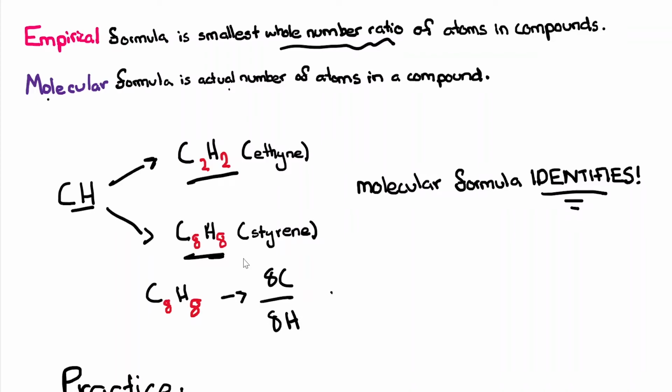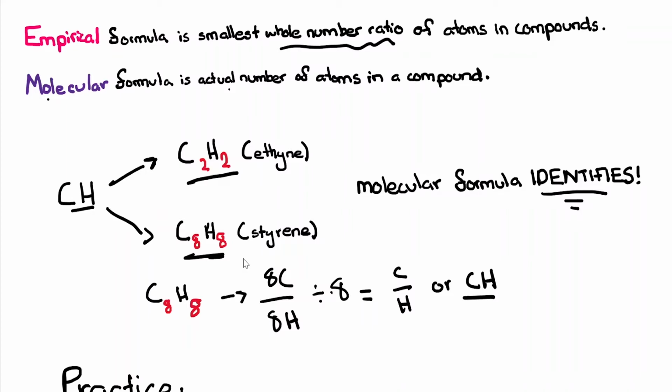Going back to math class, you know that with 8 and 8, you can divide both parts of this quote-unquote fraction, or ratio, by 8. If I divide by 8, you get C over H. Or if you write that chemically, you get this empirical formula, as we did over here.